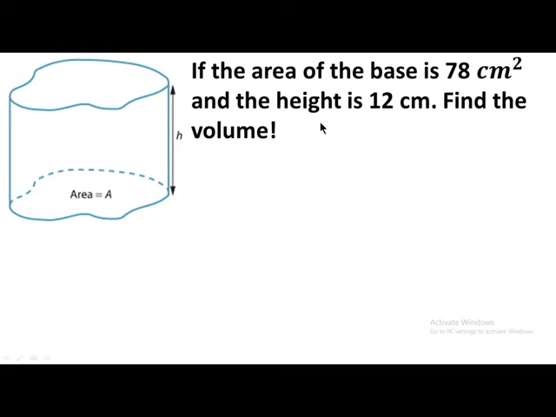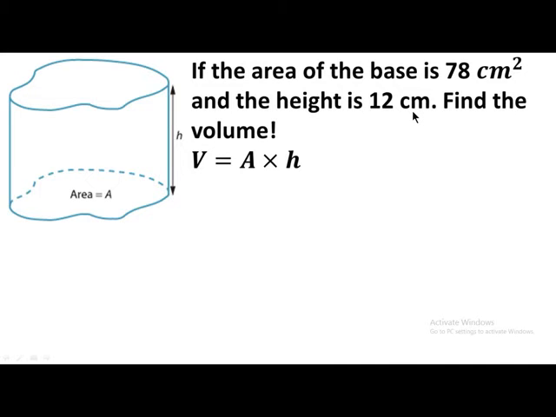So this is an easy question. The first thing that you need to make sure of in order to find the volume of the prism is to know the area of the cross section. The cross section in this prism is this area and this area. This is the base area. From the question, we know that the base area is 78 centimeter square and the height is 12 centimeter.